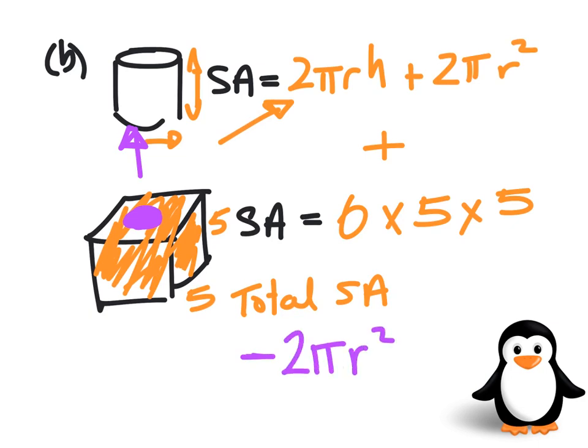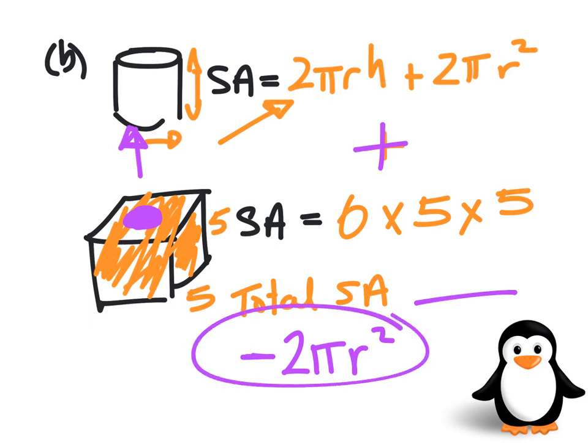In fact, we're going to have to take away 2 pi r squared for both circles, the circle on the top of the cube, and the circle on the bottom of the cylinder. So work all that out, do an add sum at this point, get your answer for the total surface area, and then remember to take off 2 pi r squared.